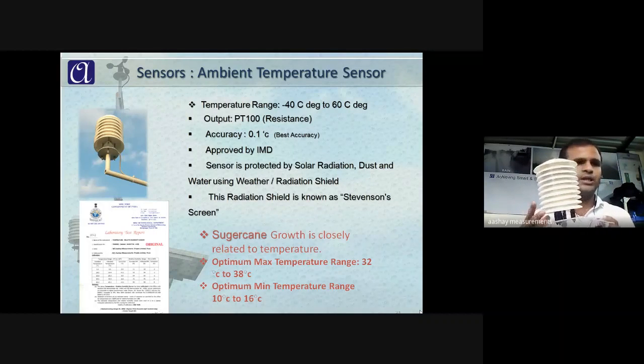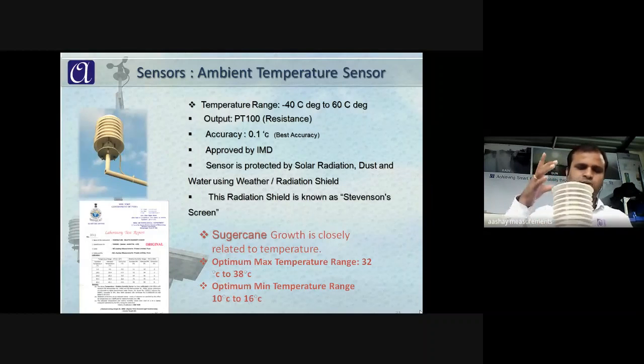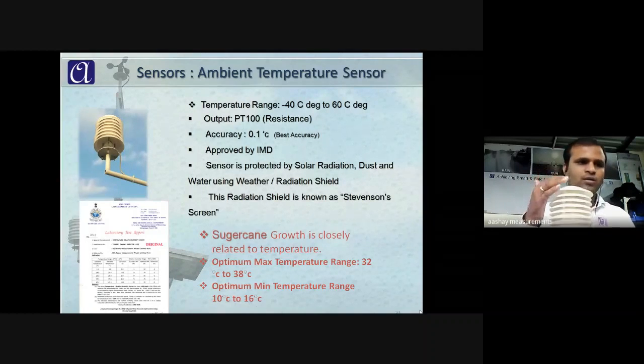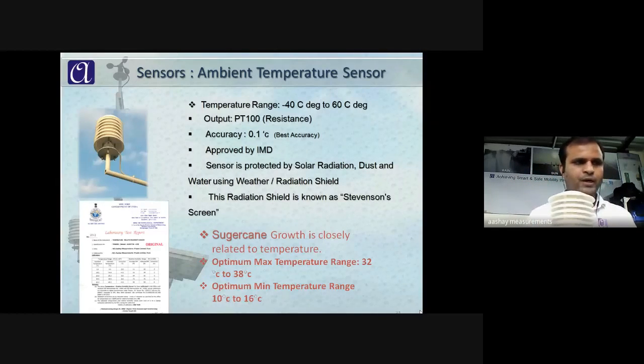Both combined sensors are installed in this Stevenson screen. The sensor is placed inside this Stevenson screen so that it can accurately measure the temperature and humidity. Also, this Stevenson screen protects the sensor from solar radiation as well as rainfall and other environmental conditions.